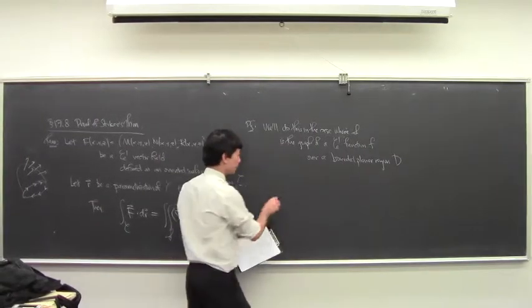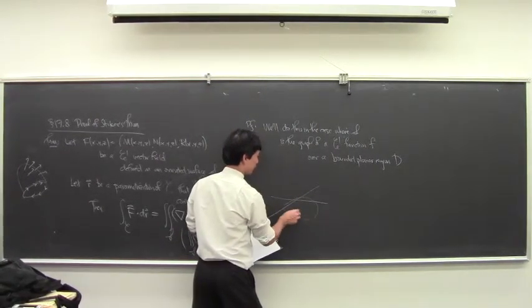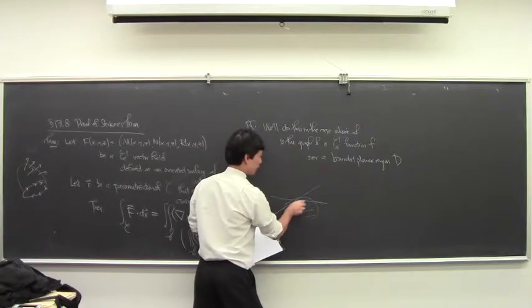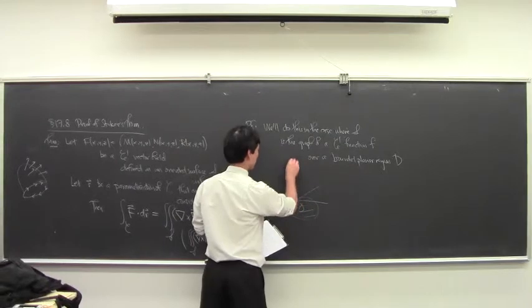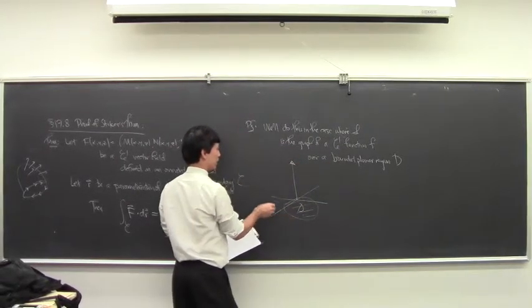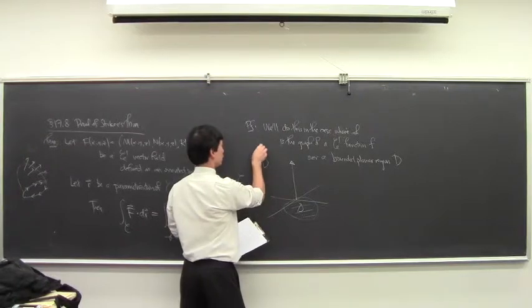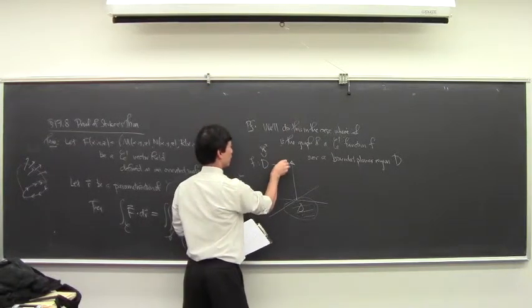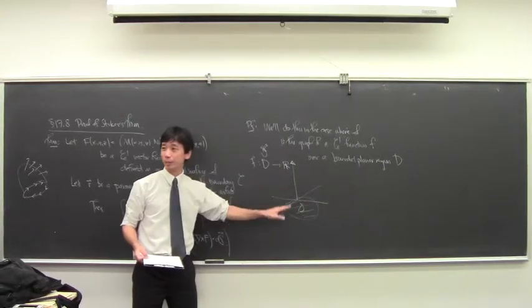Okay, so the picture is like this. You have some planar region D, and you have some function f going from D in R2 to R. So to each point on D, it associates a height.